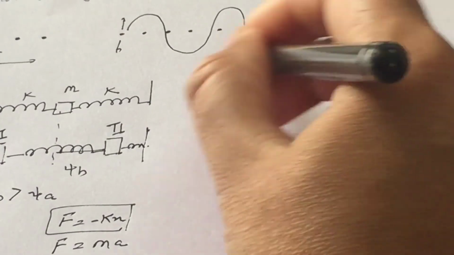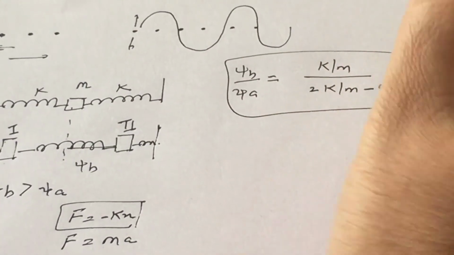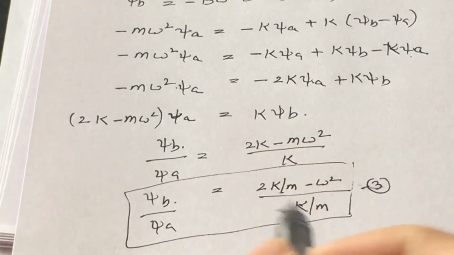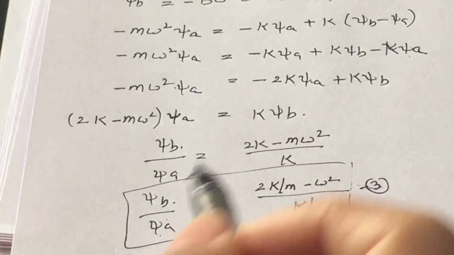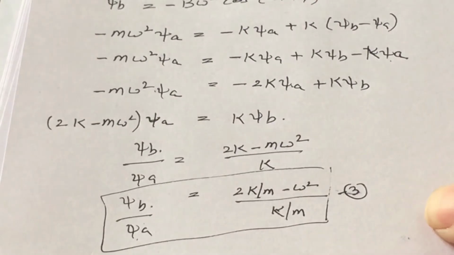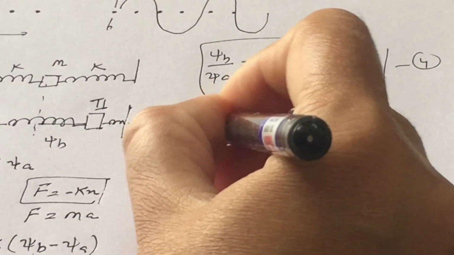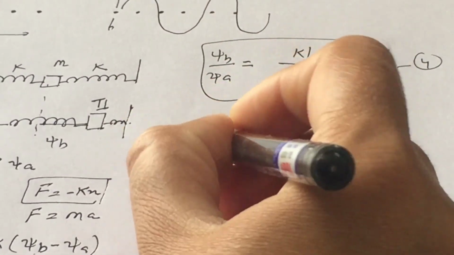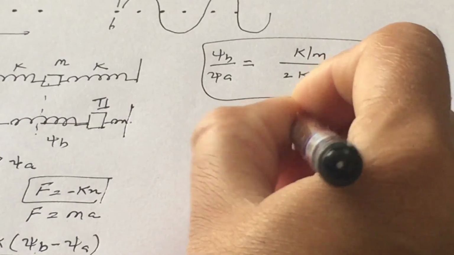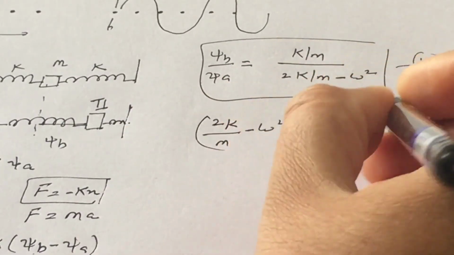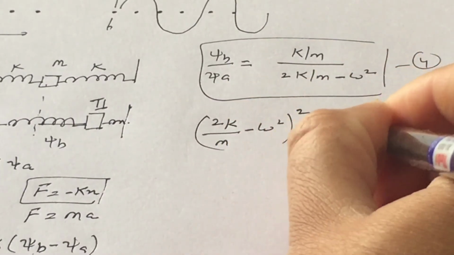As equations number 3 and 4 both represent the ratio of psi b and psi a, we can equate them, and now we can solve them for omega. If we equate them, we will have 2k by m minus omega square, whole square, is equal to k square by m square.